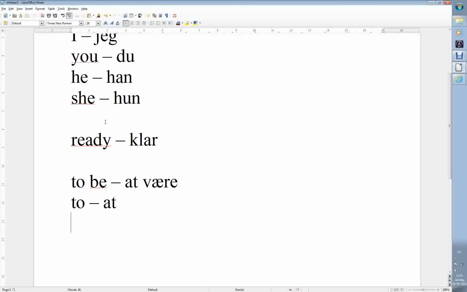And the conjugation of to be, let's do it like this. Always, at least in the present tense, it is translated with er. So we do not conjugate following the pronouns. Just to show what I'm talking about.